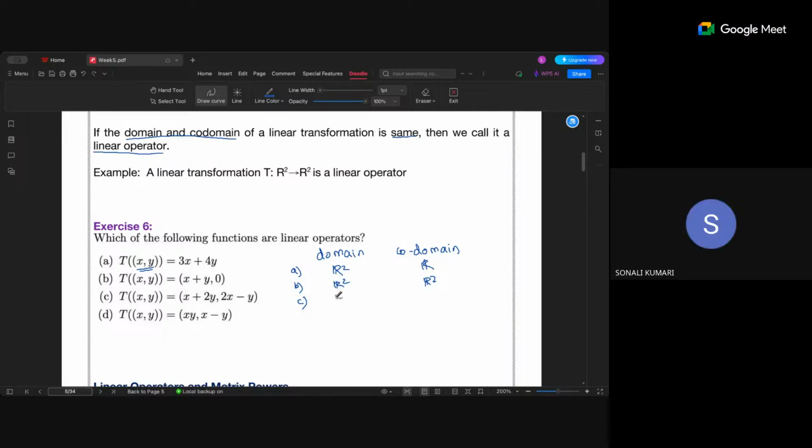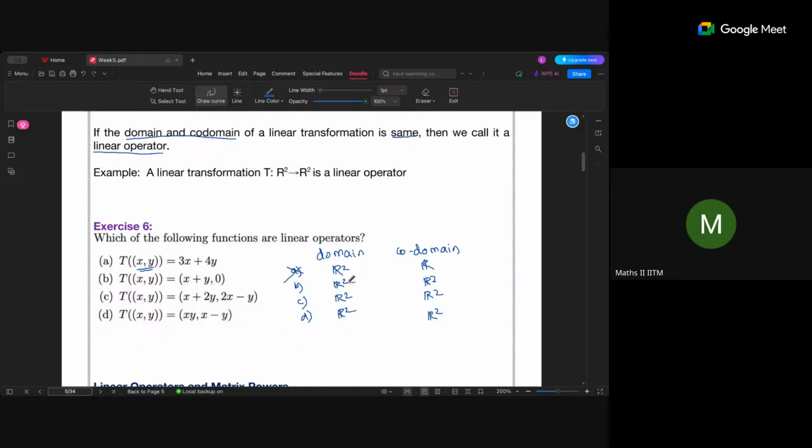R2, R2. Both will be R2. Good. What about option D? R2 again. Yes. So the first option definitely cannot be a linear operator because the domain and codomain are different. For a linear operator, domain and codomain should be the same.